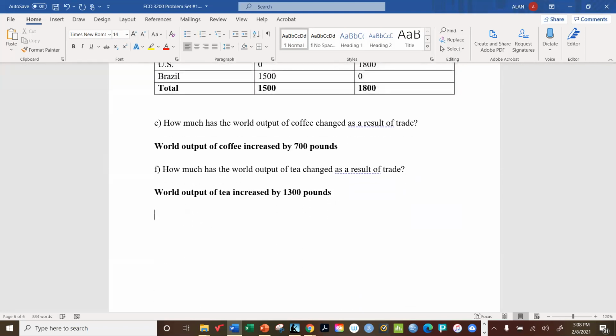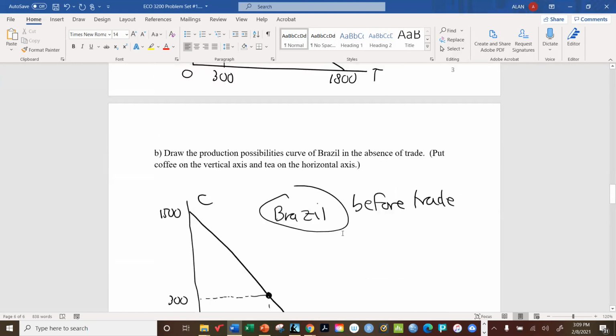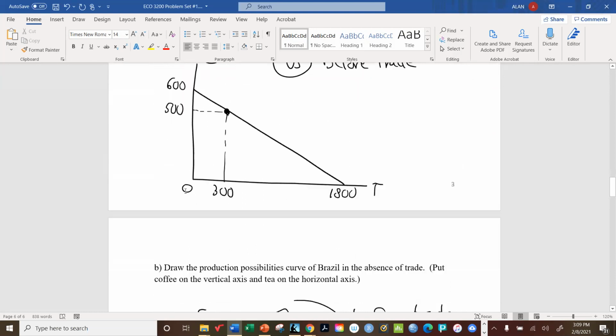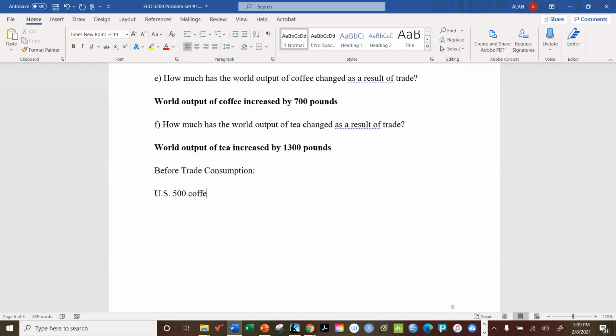So before trade, consumption, the US initially had, their initial no trade point was 500 coffees and 300 teas. And Brazil was, let's see, they were at 300 coffees and 200 teas.